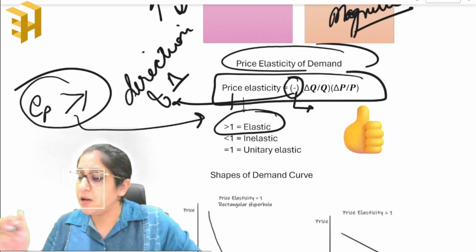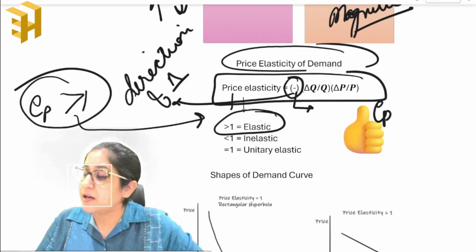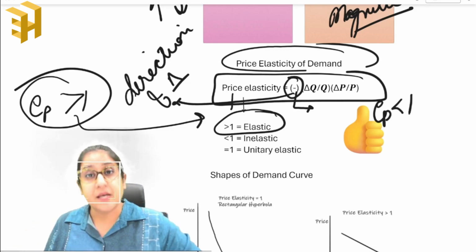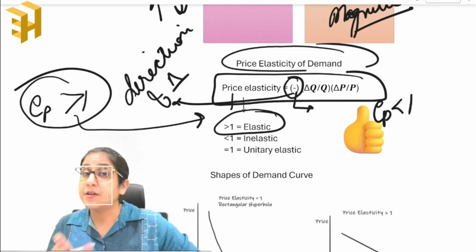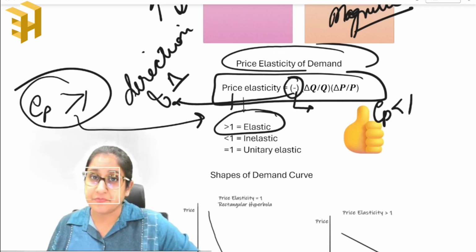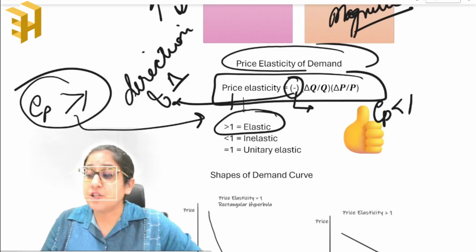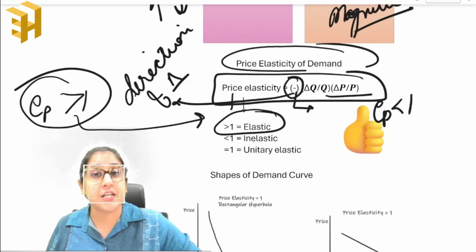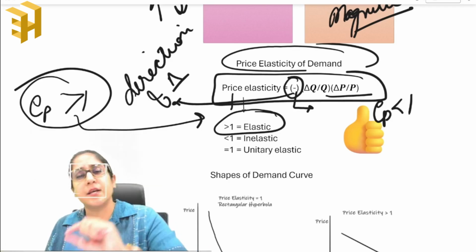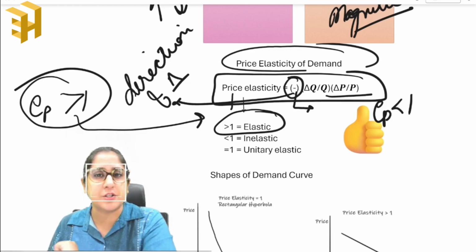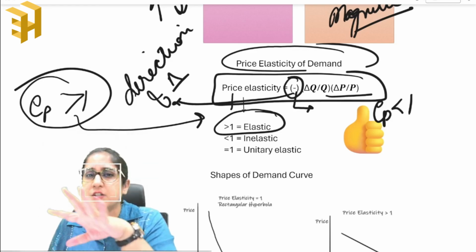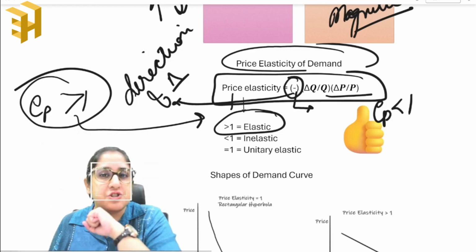Similarly, if price elasticity is less than 1, this implies that the denominator is bigger than the numerator. If I go by it mathematically, this shows that a proportionate change in price is bringing about a smaller change in quantity. Your quantity demanded is not reacting much to the change in price.